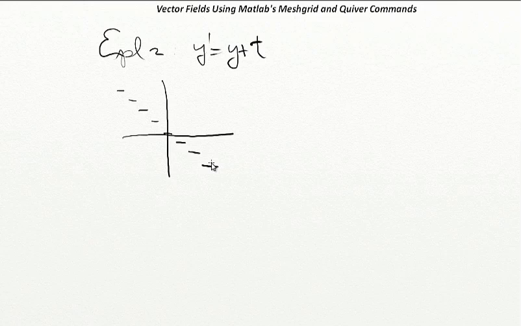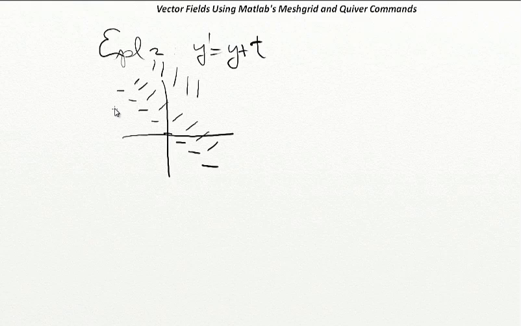Next, we look, say, at y plus t equal 1. That will be a line parallel to the original line, but 1 unit up, so we're going to have something like this. And similarly with y plus t equal 2, steeper. y plus t equal minus 1 is the 45-degree line, 1 unit down from y plus t equals 0.